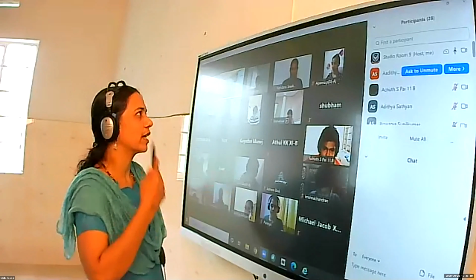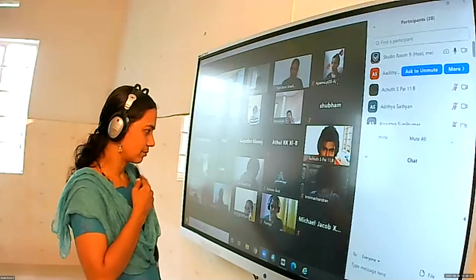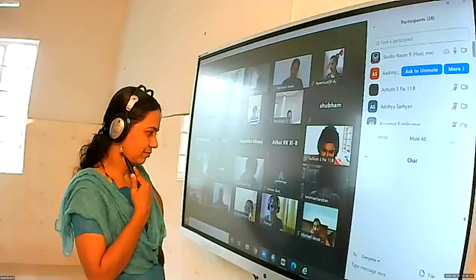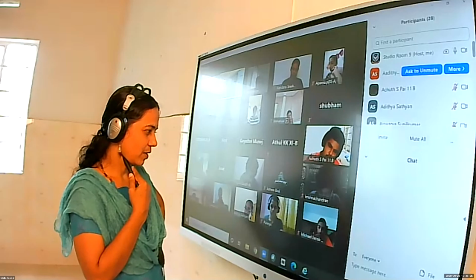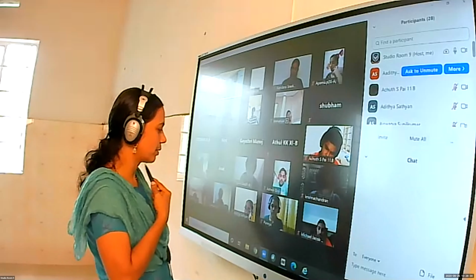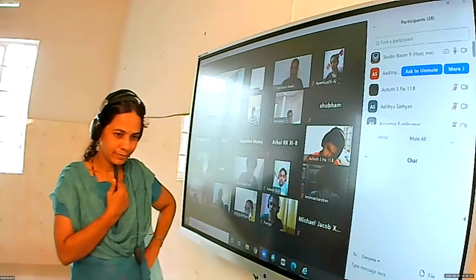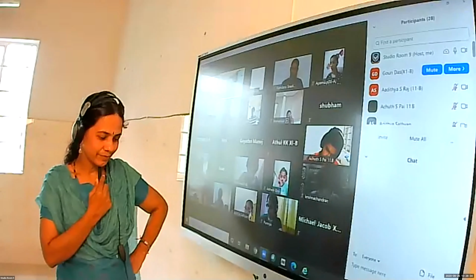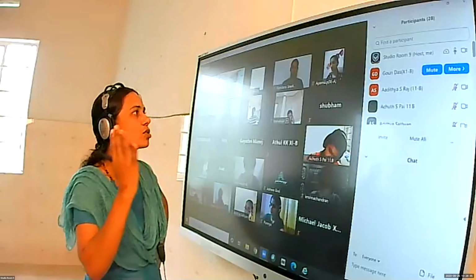In how many ways can you answer those questions? One previous day, Thursday, we did one question. Can you read that question, Gauri? Find the total number of ways of answering 6 MCQs where each question has 4 choices.